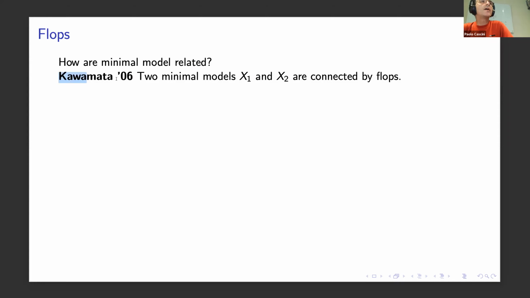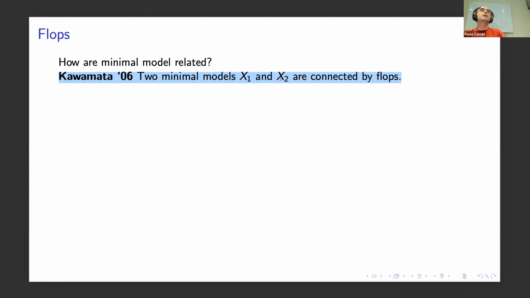So, for varieties, we know the answer thanks to Kawamata. This is now quite a classic result, which says that if you have two minimal models, so in particular, I'm assuming that the singularities are terminal, then if they're birational, sorry, I should have said that if they're two birational minimal models, of course, otherwise it makes no sense, then we know that there exists a sequence of flops which connects one to the other.